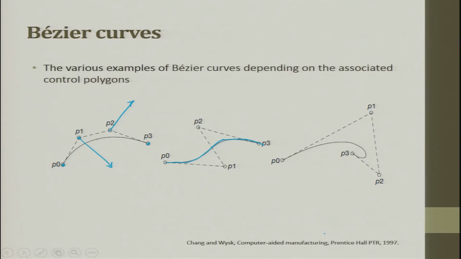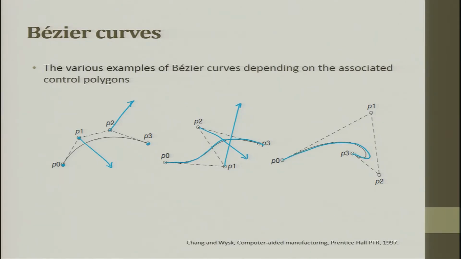I have just changed the control points, but the start point and end point are approximately the same. The next one is I have used the same starting point and ending point, but still moved the P1 to this side and P2 somewhere here. So, you see a completely different curve profile coming.